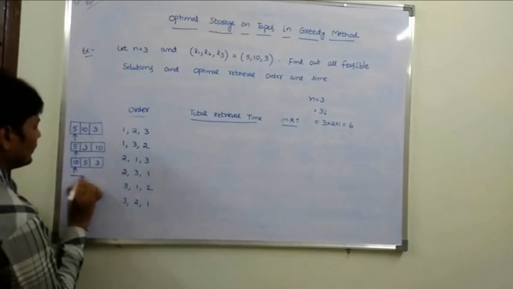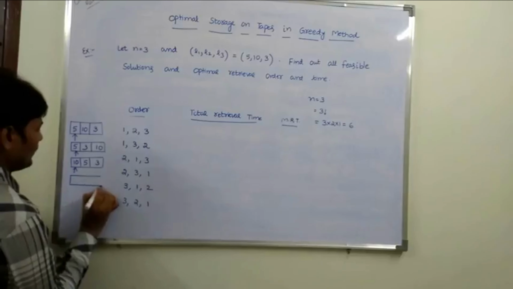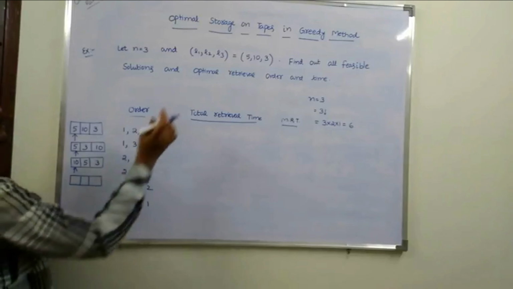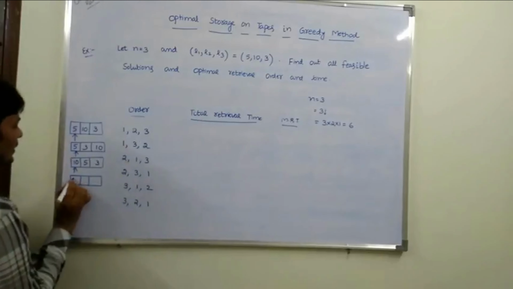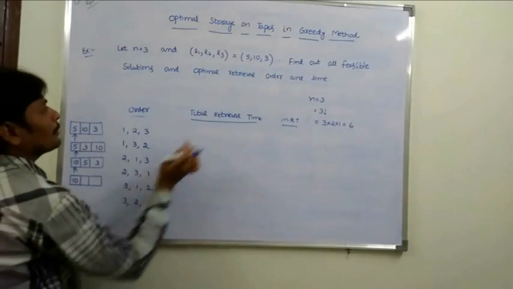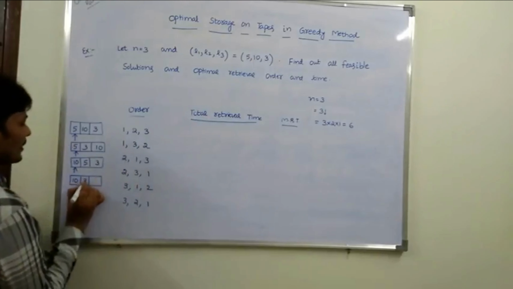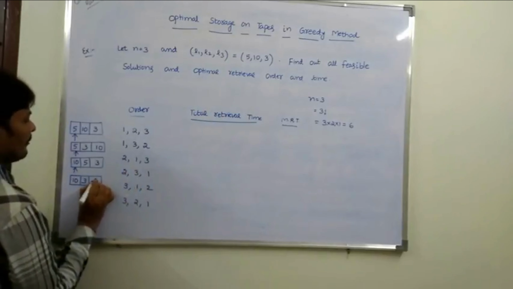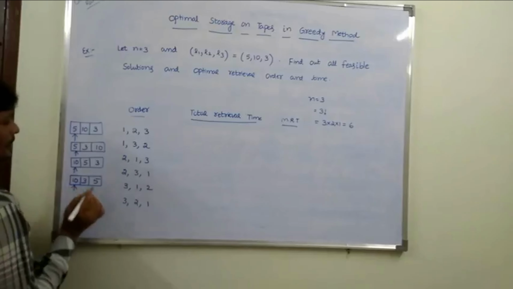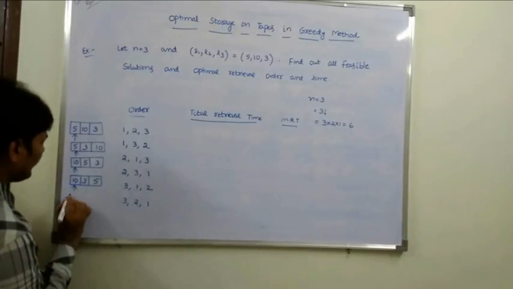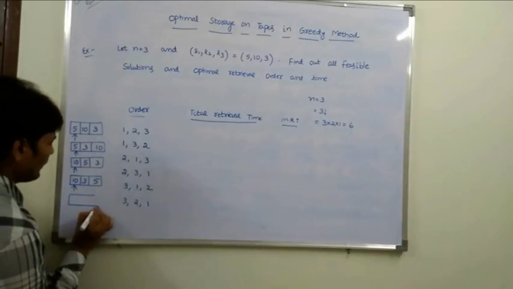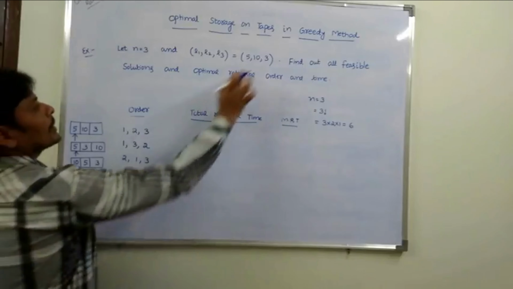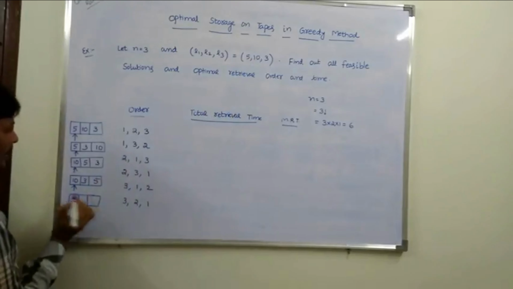Next, fourth one. Second program length is 10. Next, third program length is 3. Next, first program length is 5. Next, fifth way. Third program length is 3.